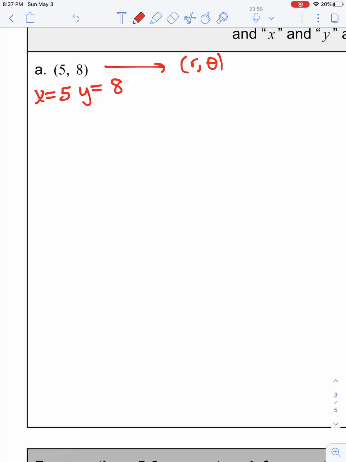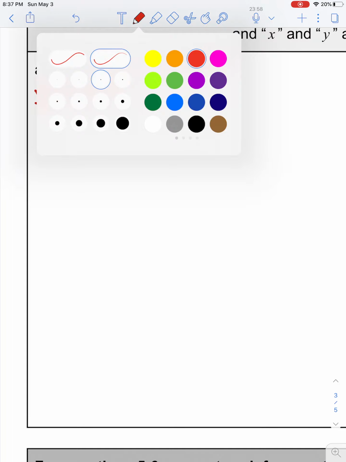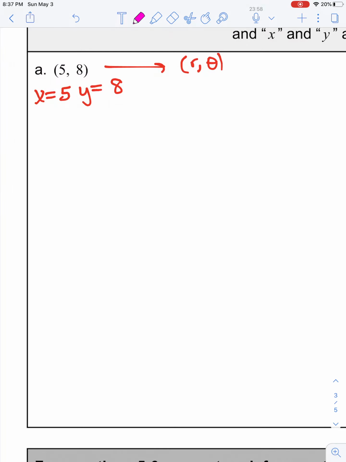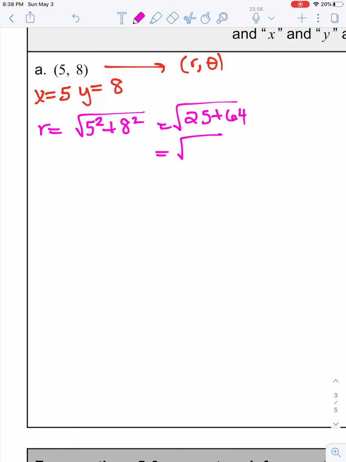So the first step that we're going to take is we're going to go ahead and calculate what r is. We are told that r is equal to the square root of x squared, which is 5, plus y squared, which is 8. So we're looking at the square root of 25 plus 64, which is equal to the square root of 89.